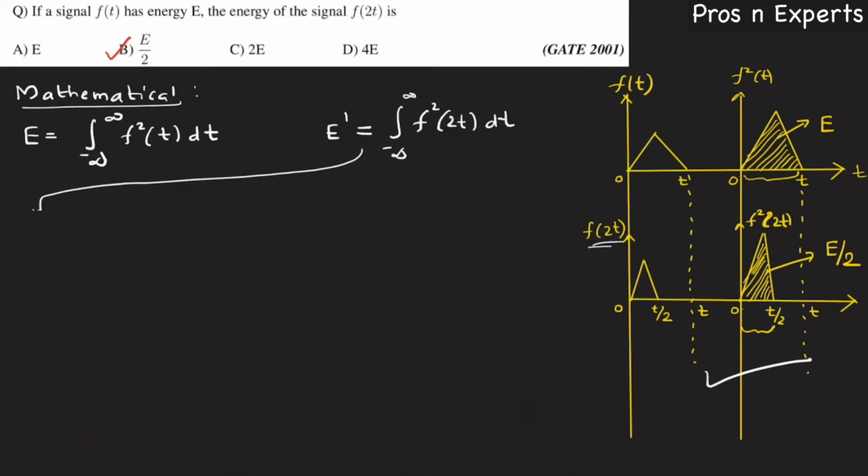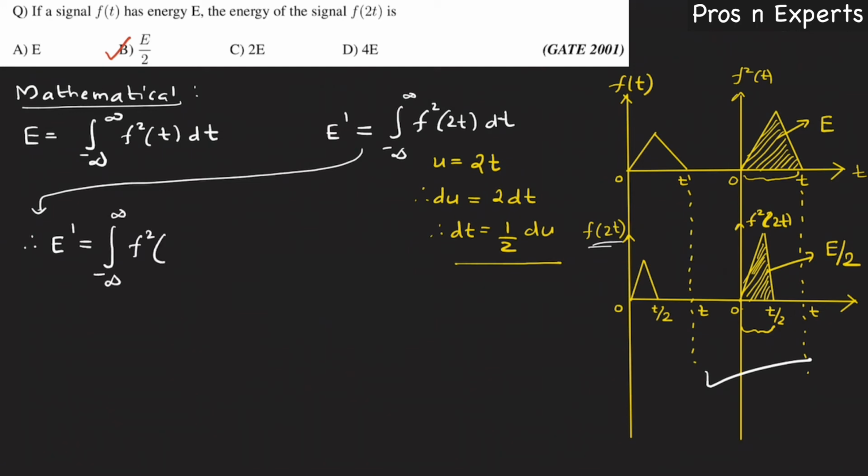Let us follow this equation. Therefore, E dash is equal to... I'm making a substitution u equal to 2t. Therefore, I can differentiate that: du equal to 2 dt, or dt is equal to half du. Now we will resume calculating E dash. So E dash is equal to the integral from minus infinity to infinity of f square, but 2t is given as u, so f square u, and dt is given as half du.